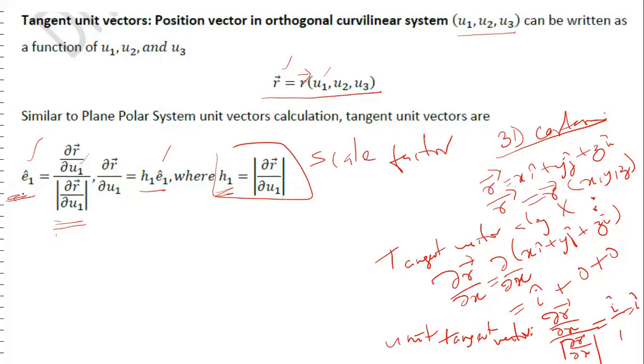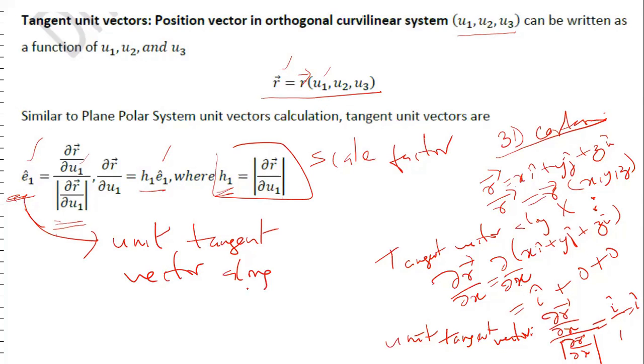So u1 cap is what? It is the unit tangent vector along the u1 coordinate line or curve.